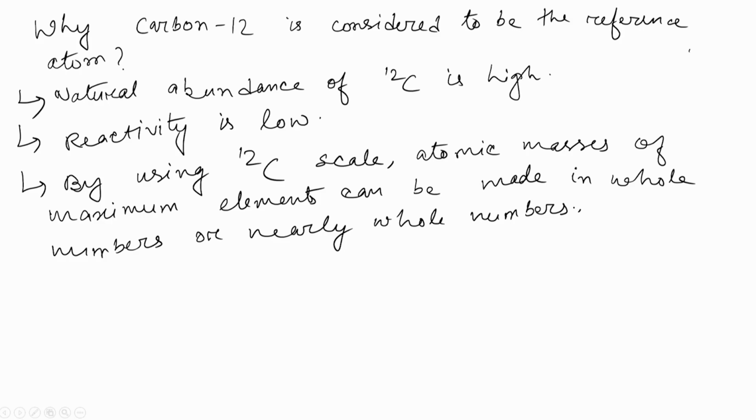So, carbon-12 is naturally abundant, that is, it is present in nature in high amounts, its reactivity is low, and by using the carbon-12 scale, atomic masses of maximum elements can be made whole numbers or nearly whole numbers. Okay. So, these were the reasons why carbon-12 is considered to be the reference atom.